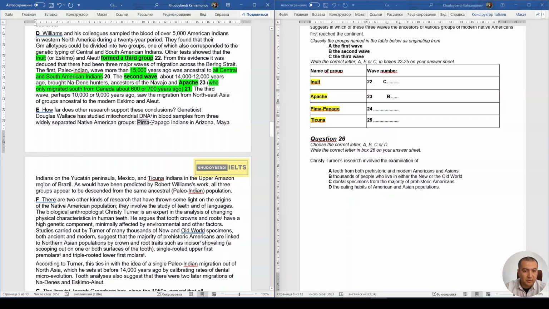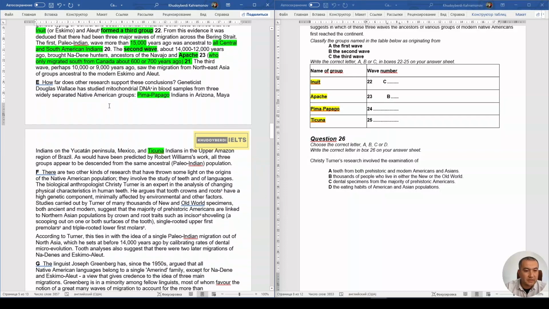Pima, Papago, we have the words here, and Ticuna, we have here. Three widely separated Native American groups: Pima Papago Indians in Arizona, Maya Indians on the Yucatan Peninsula, Mexico, and Ticuna Indians in the upper Amazon region of Brazil.